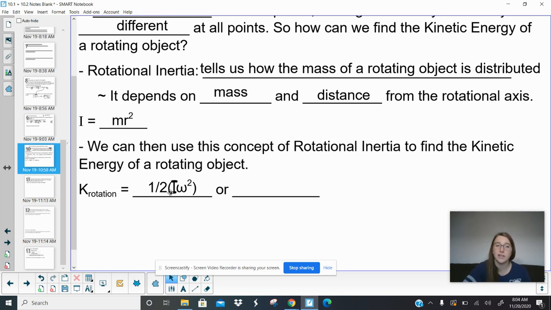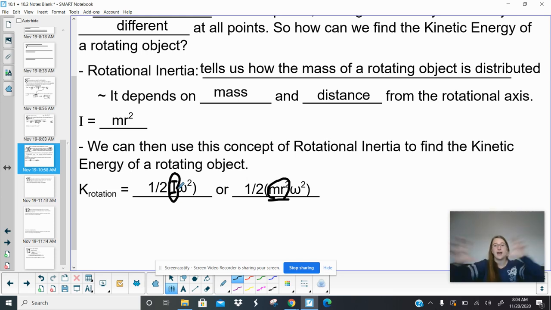Now, because rotational inertia has its own formula, you could also write this way, 1/2 and then replace I with the formula for rotational inertia. Depending on the question, we will need to keep that in mind. Sometimes they say the rotational inertia is this, and then we know all of this, because again, this is the rotational inertia.